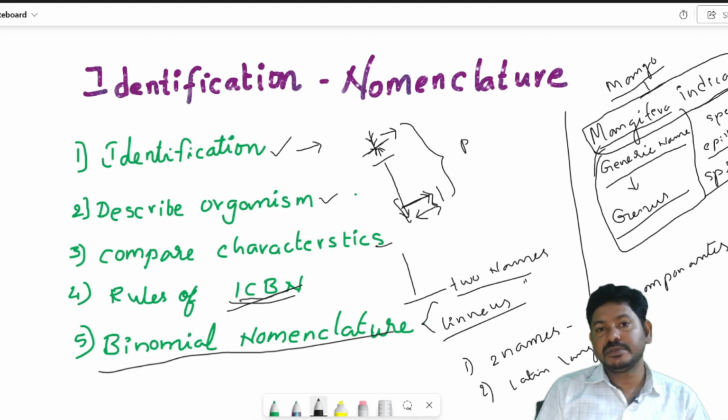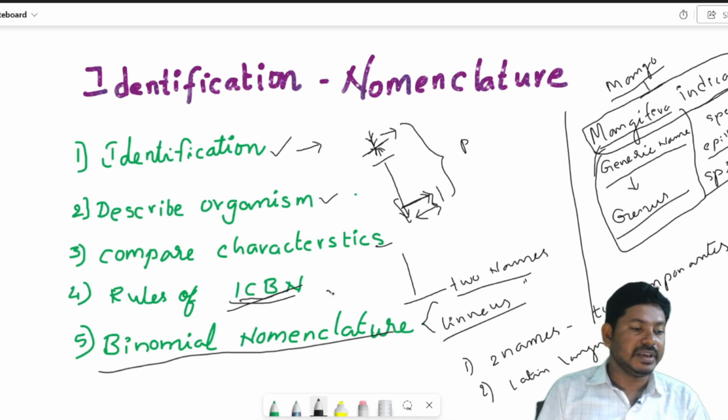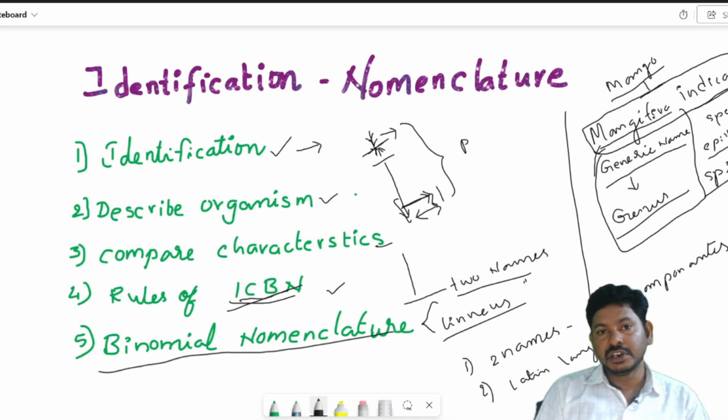These words must be derived from Latin words according to ICBN. Mangifera indica, these two words are not from English, not from Indian or any other language. So these are Latinized words.